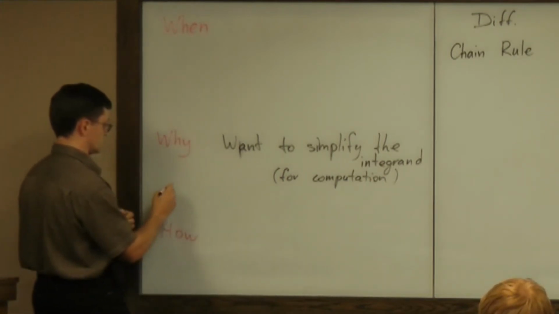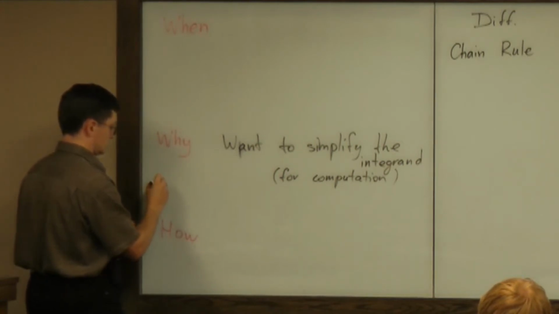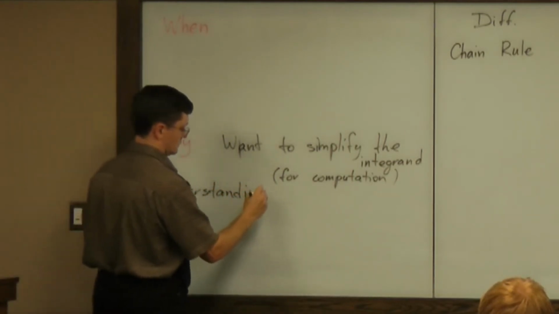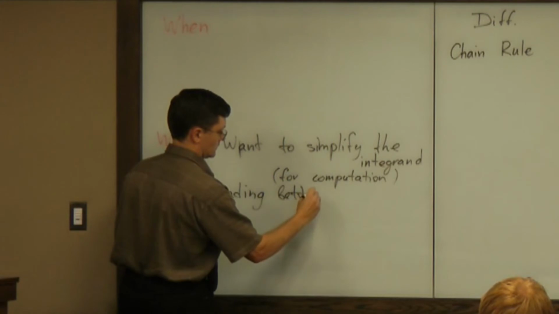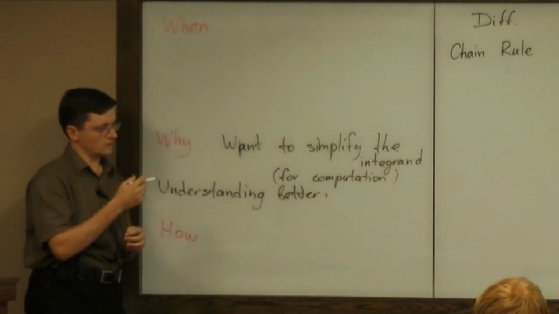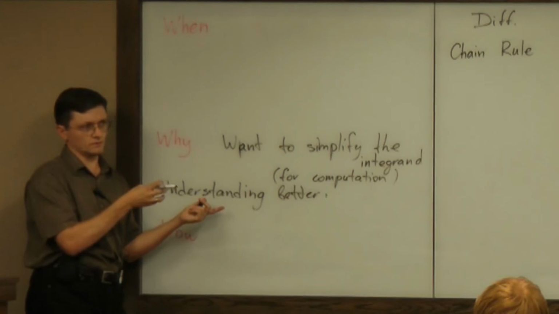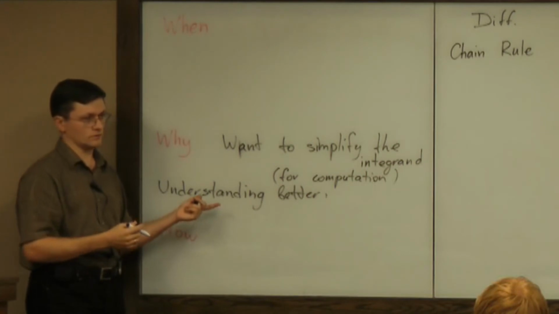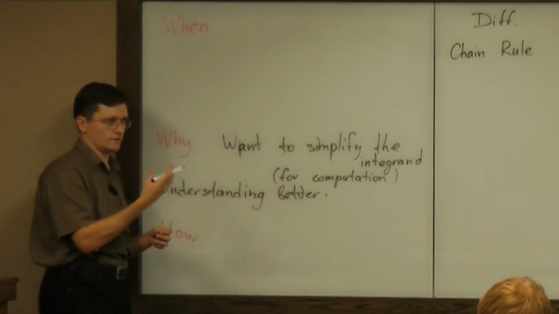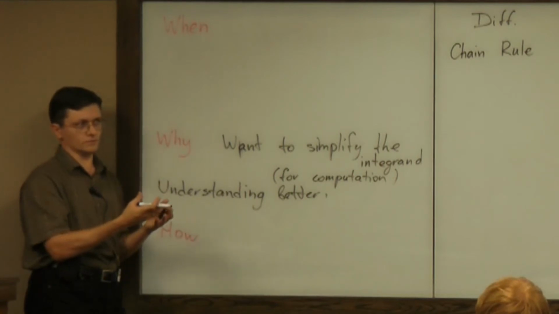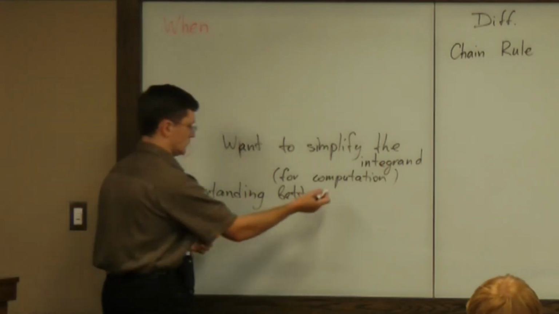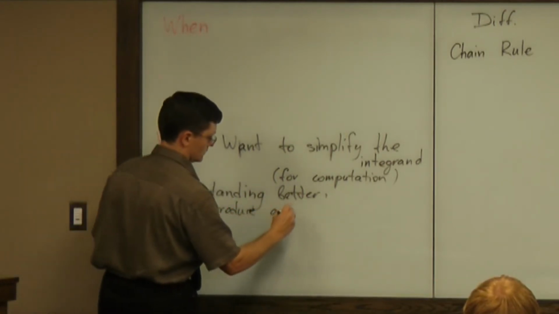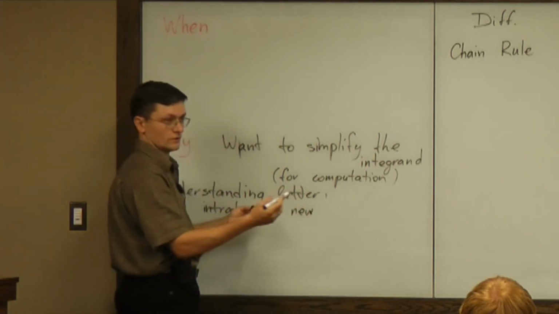If you want to understand the integral better, you may want to consider the intermediate variable, the variable that you used during the substitution, and consider that as a new good variable to look at. So you might want to introduce a new important or potentially important variable.